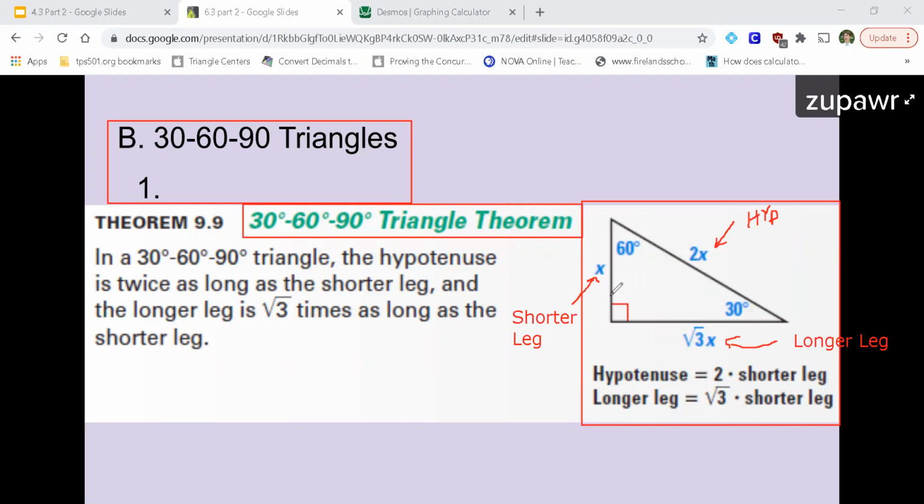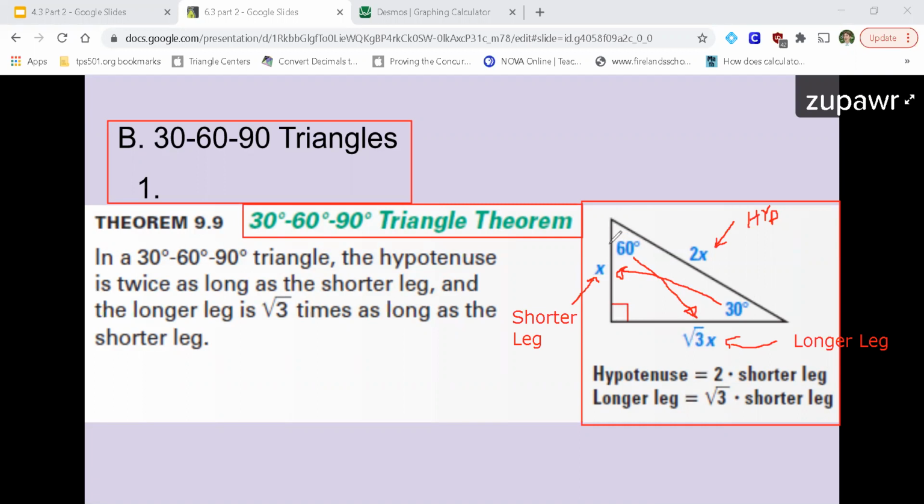This side, it will always be the shorter leg if it is opposite the shorter angle. Which should make sense, right? This angle is only 30 degrees. So it is not going to open as wide as this angle of 60 does. Right?